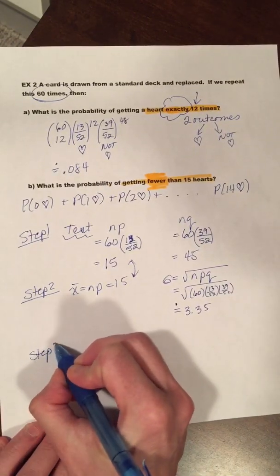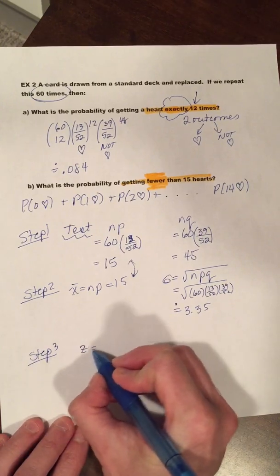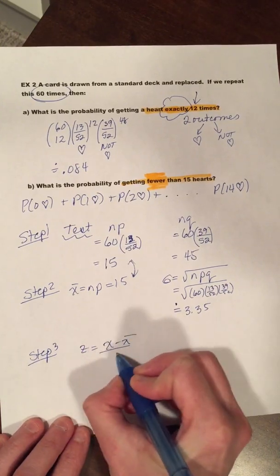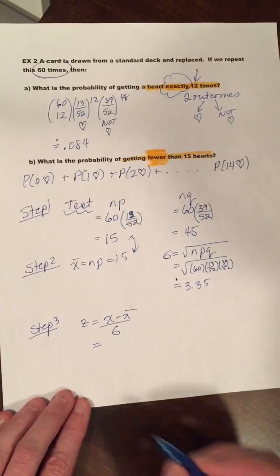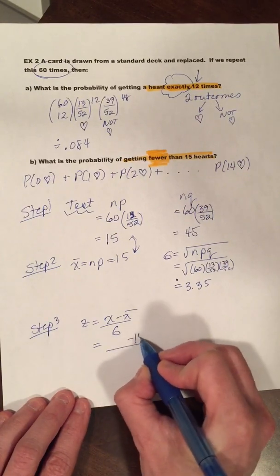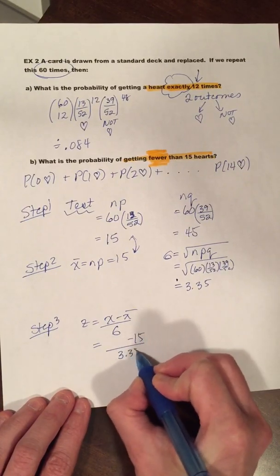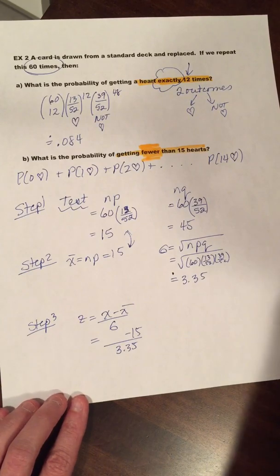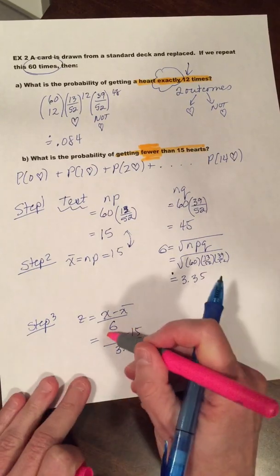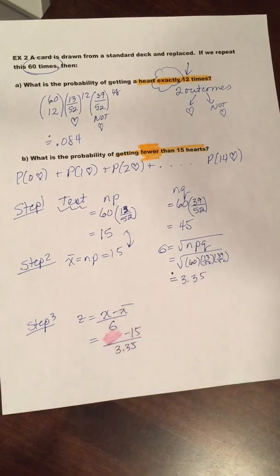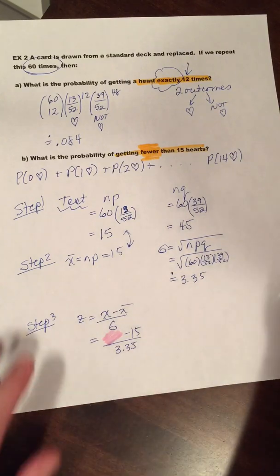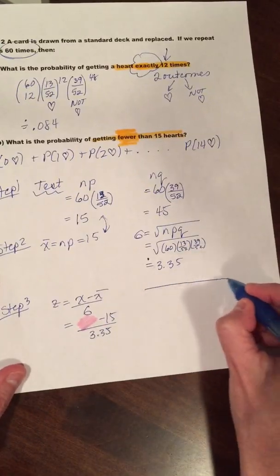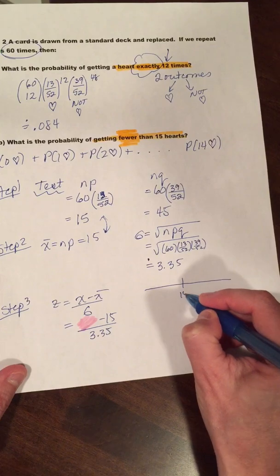Here comes step 3. Step 3 is the normal approximation portion. So I know that the average is 15. I know that the standard deviation is 3.35. My issue is, what am I going to sub in for my x value? Again, let's look at it from a number line.